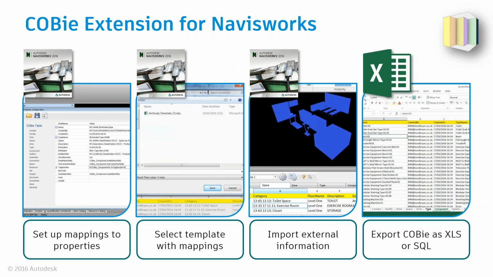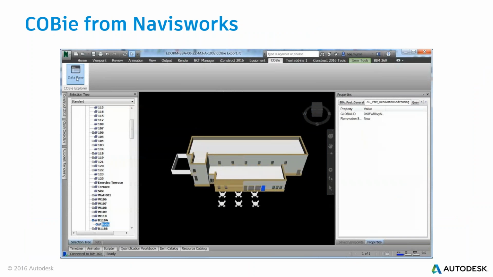So we've built a COBie extension that allows you to bring all this information into Navisworks, map any field from your property data into the relevant COBie field, and then be able to export a COBie SQL or Excel spreadsheet.